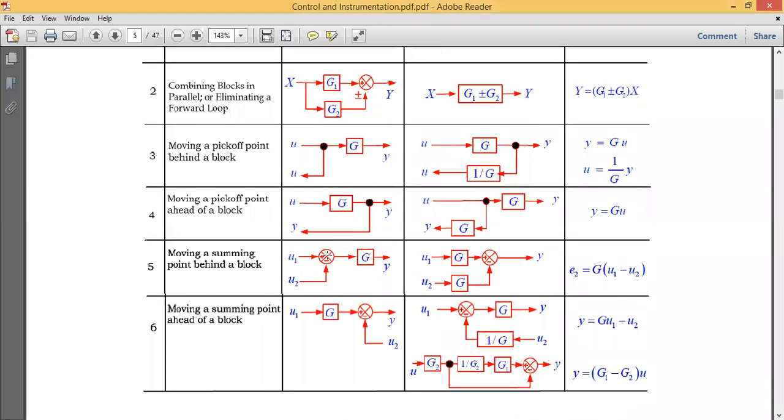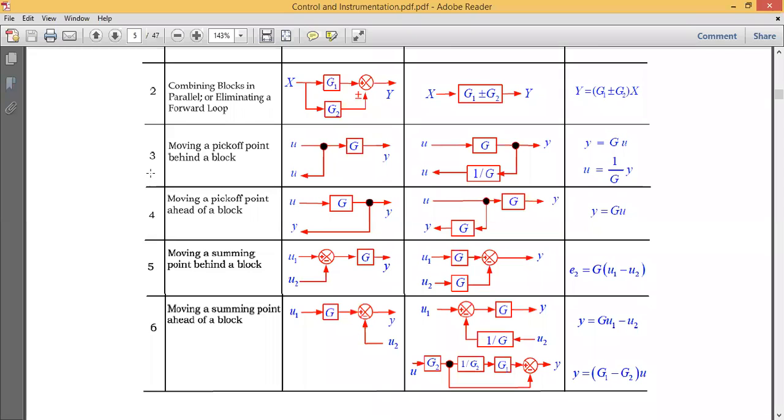If you have a summing point just before the block, and you want to shift this summing point after the block, what you should do is, after shifting the summation after the block, add one block of G. This point number 5 is just like point number 3. You just see point number 3 and point number 5.